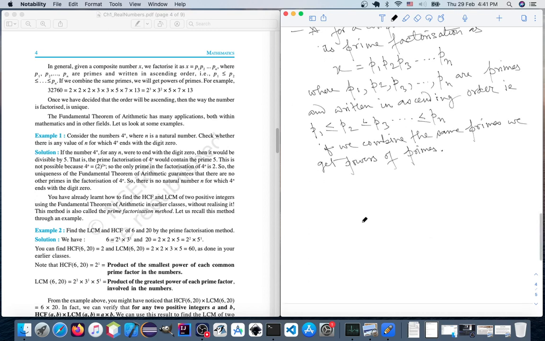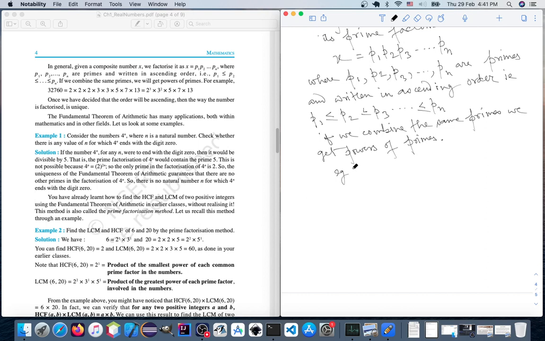Now, as an example, it says that 32760, if we factorize it into prime factors and write them in ascending order, we get 2 into 2 into 2 into 3 into 3 into 5 into 7 into 13.